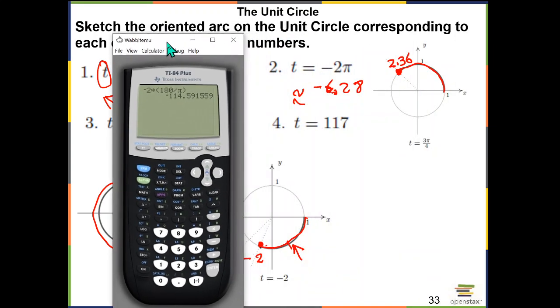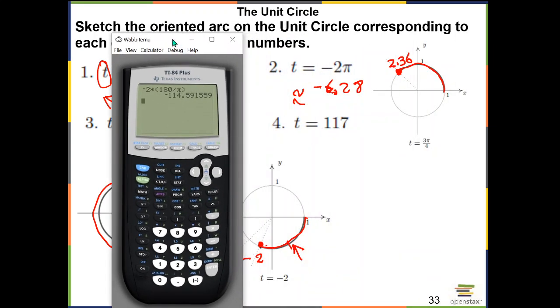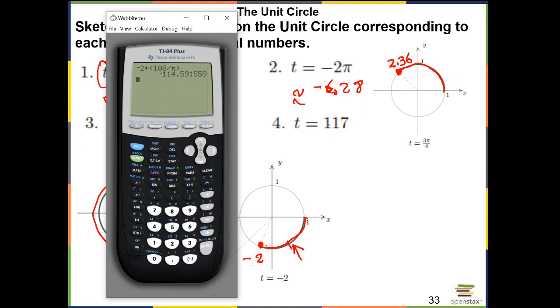All right, what about 117? Well, that's 117 radians, not degrees. But how many degrees is that? Well, let's see, 117 times 180 divided by pi, that is 6,703 degrees.